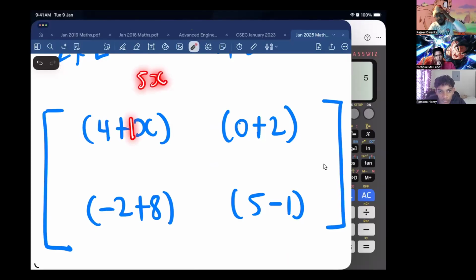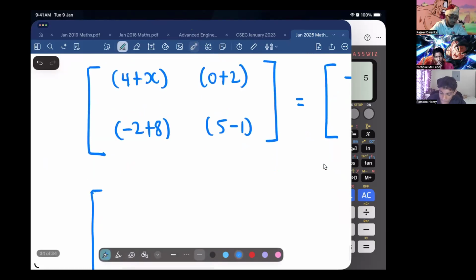Let me explain why. 4 is a constant and x is a variable. Are they the same species? No, sir. So you can't combine them. Think of it like this: could a cat and a horse make a baby? No, sir. So 4 and x can't give you an answer. You can't simplify that because they are not like terms.